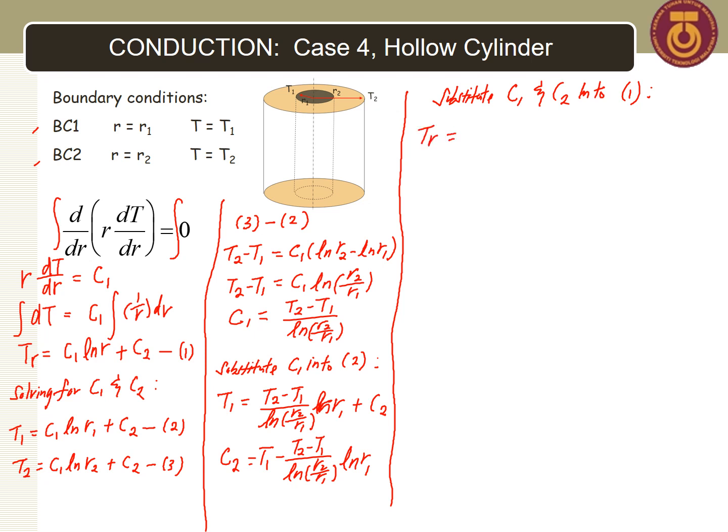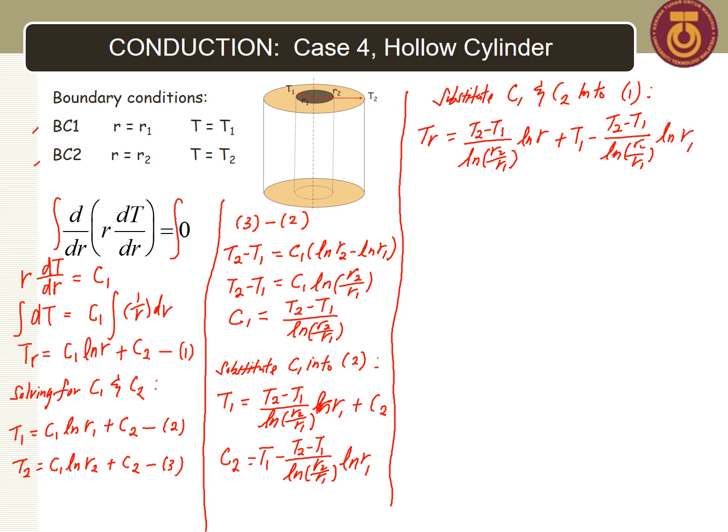So T(r) equals, where is C1? C1 is T2 minus T1 divided by ln R2 over R1, times ln R, plus C2, which equals T1 minus T2 minus T1 divided by ln R2 over R1, times ln R1.